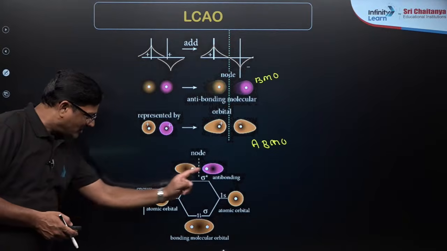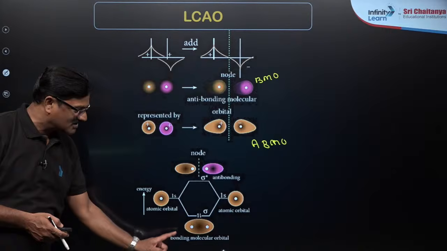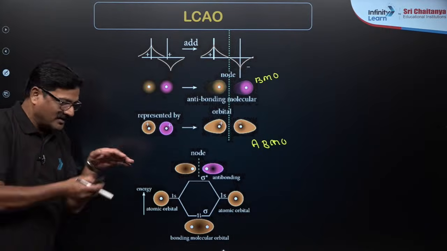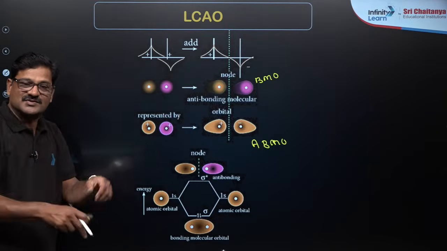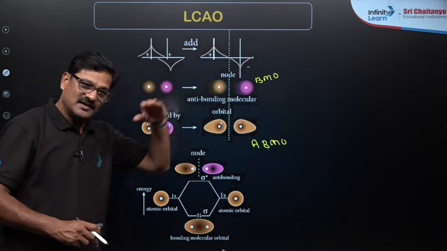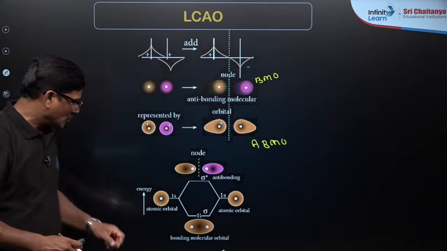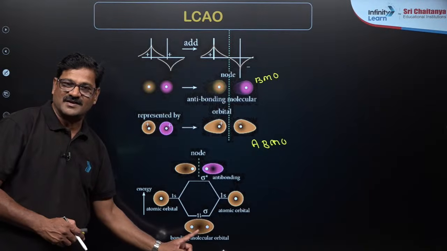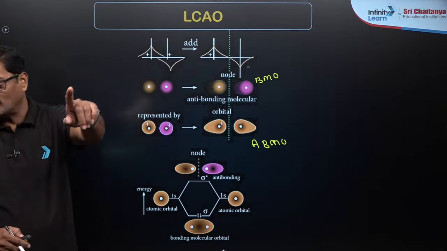When atomic orbitals combine, they give two sets of orbitals: one with low energy is called the bonding molecular orbital, and another with high energy is called the anti-bonding molecular orbital. So this is the energy scale. The electrons are filled first in the bonding molecular orbital, then the anti-bonding molecular orbital.